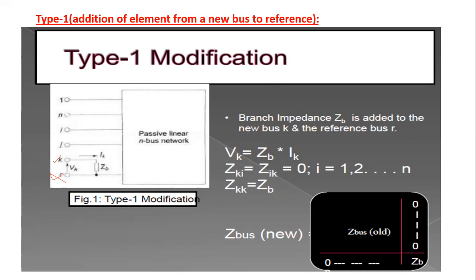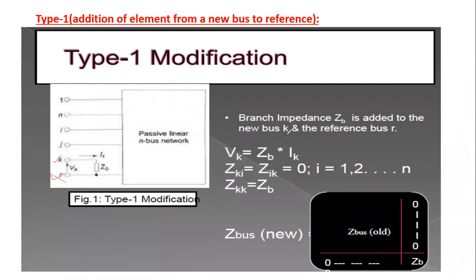Therefore the branch impedance ZB is added to the new bus K and the reference R. ZB is the branch, and that branch is added in between the new bus and the reference bus.